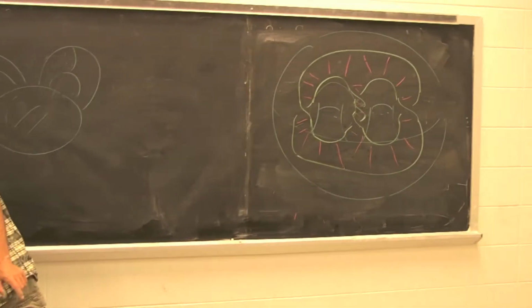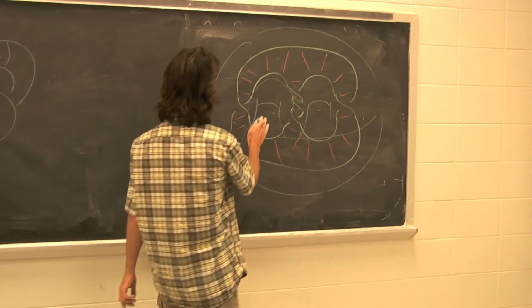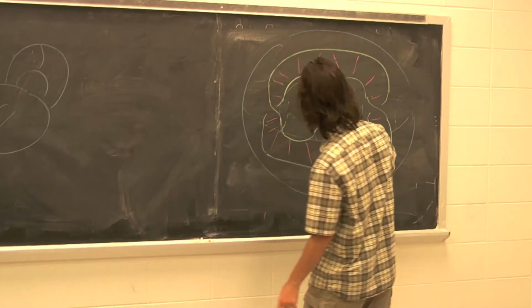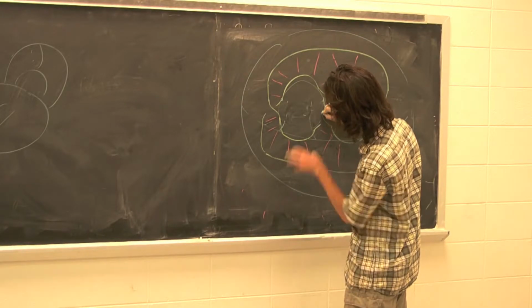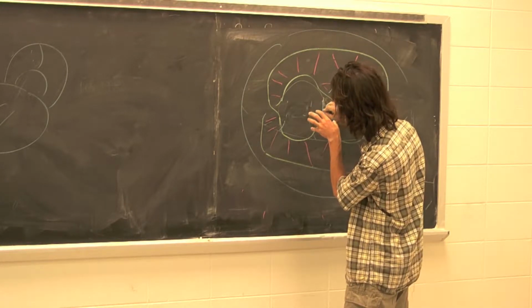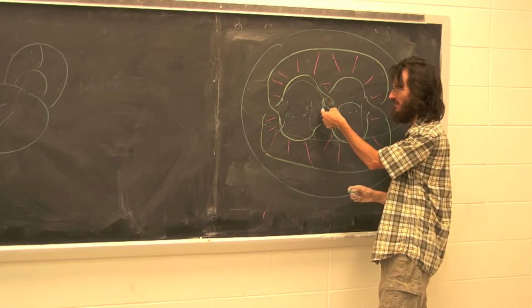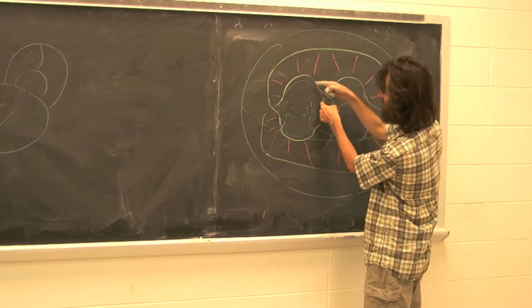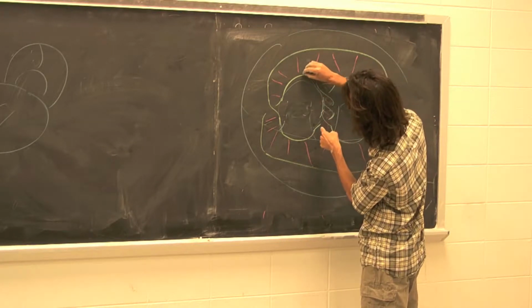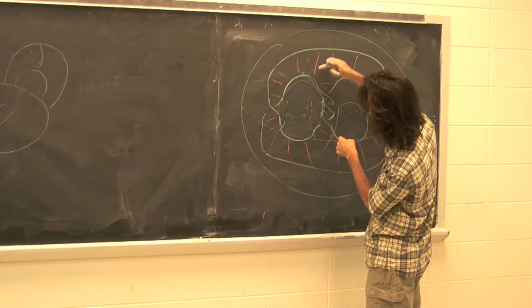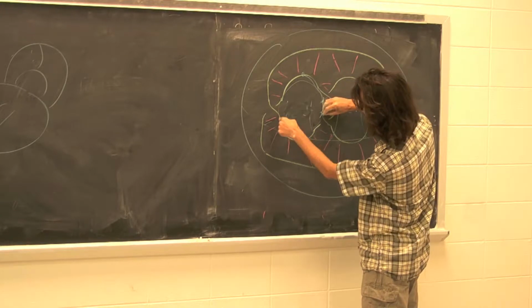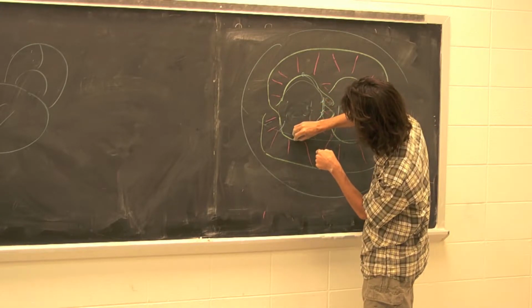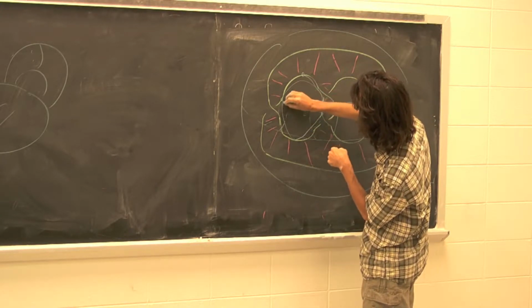So what I want to do is try to draw a meridian for this post going through here and count points of intersection. So here we're going from the front to the back, front to the back, front to the back, so it's sort of hit one point there, point there, point there, point there, front to the back, and then here it's getting from the front to the back. The picture's going back a bit.